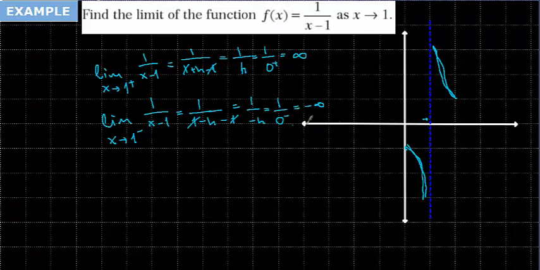Okay, so we found the limit: the limit doesn't exist, because the left-sided limit is not equal to the right-sided limit.